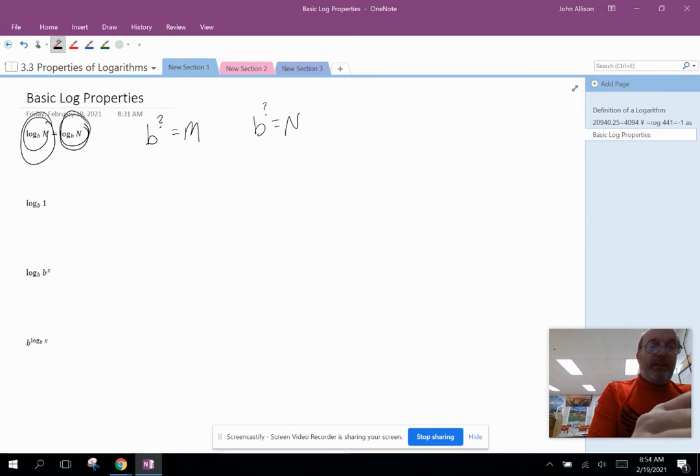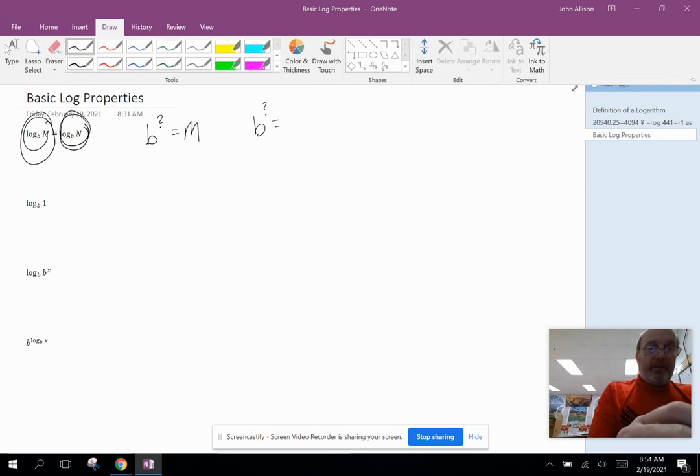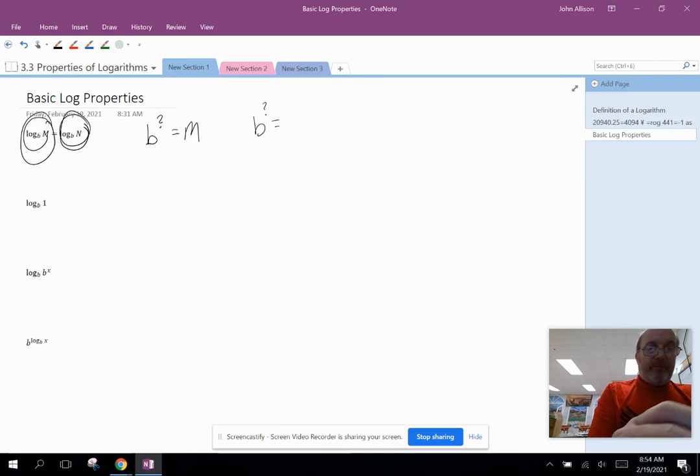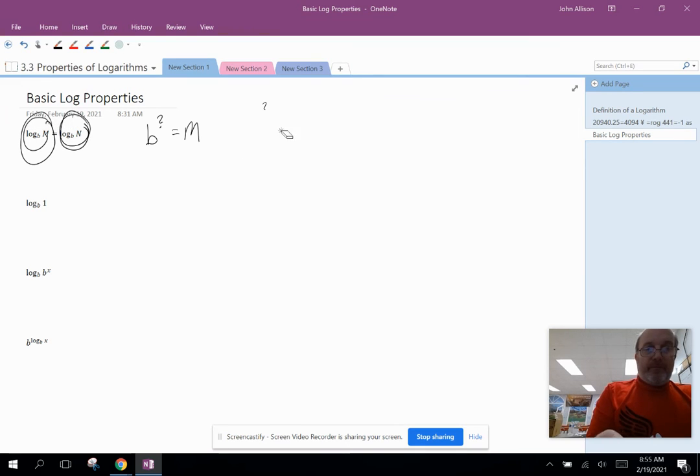Whenever you see log base b of m equals log base b of n, this means that m is equal to n.